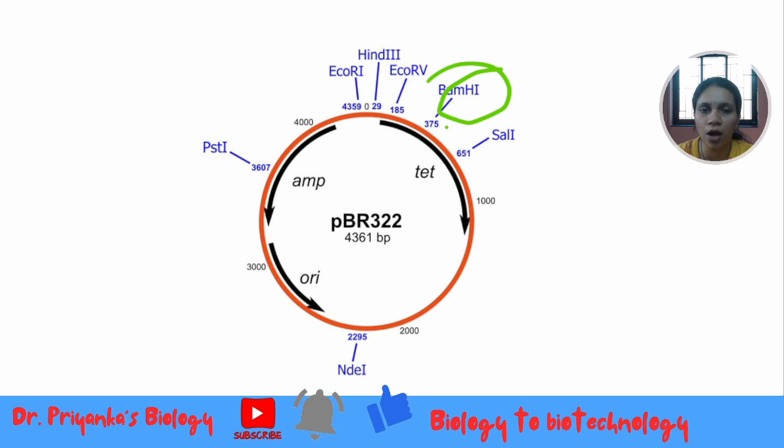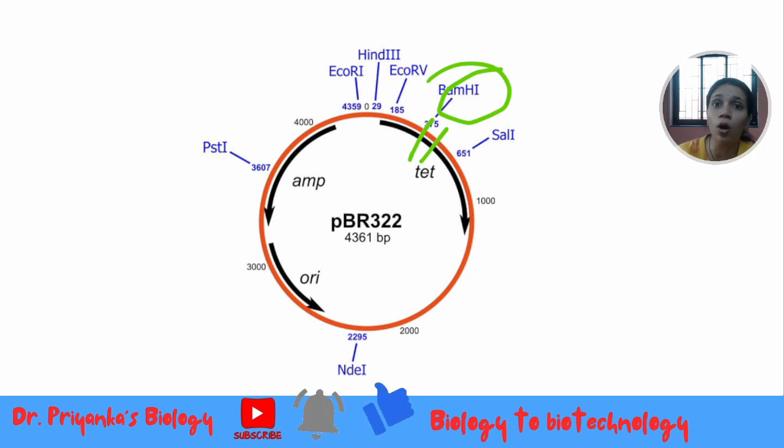So if we carry out the cutting, or the nick is produced with the help of this restriction enzyme at the BamHI site, it is going to break the tetracycline resistance gene. So now the recombinant pBR322 will have one additional piece in the BamHI site.